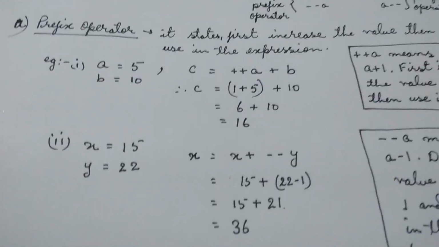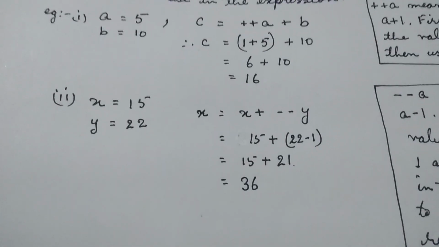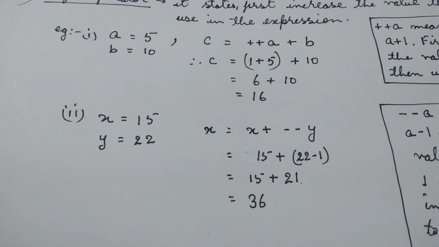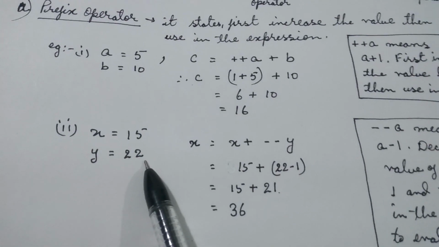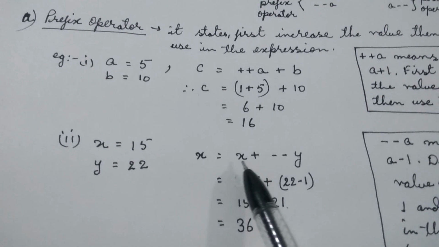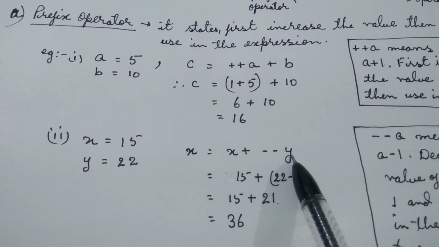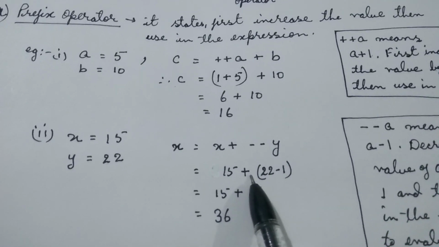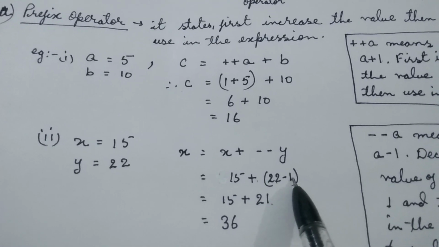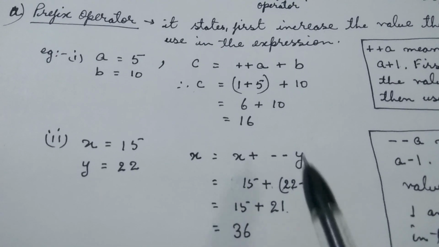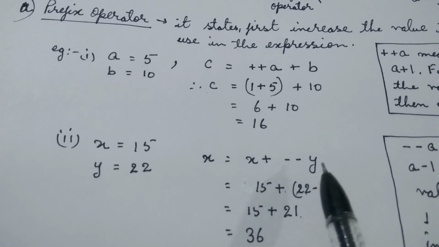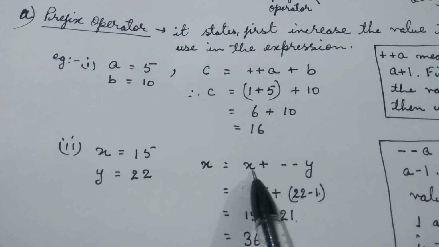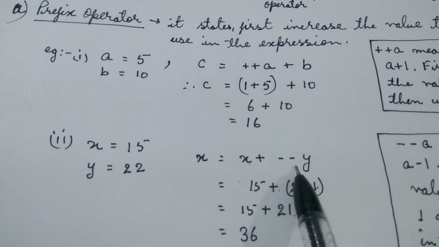Let us see another example making use of the decrement operator. Suppose x equals 15 and y equals 22. Here x equals x plus minus minus y. It means 15 plus 22 minus 1. So 22 minus 1 will be done before using the y value 22, because it is a prefix.